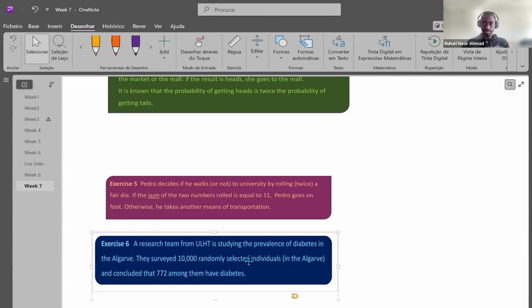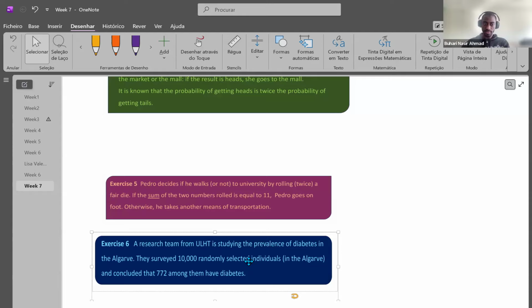So the universe we're working with in the random experiment is everyone in the Algarve, and we want to know the proportion, the percentage, of people in the Algarve that do have diabetes.